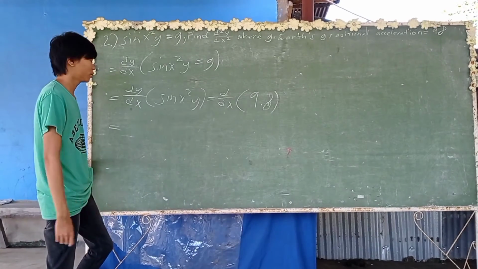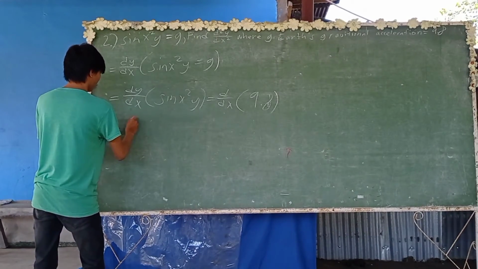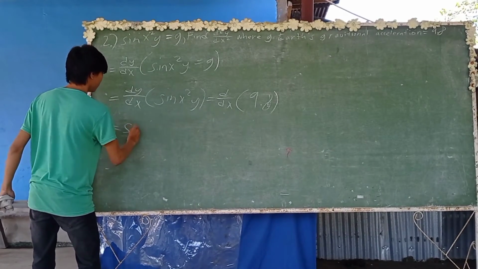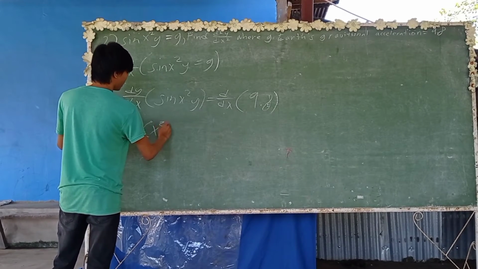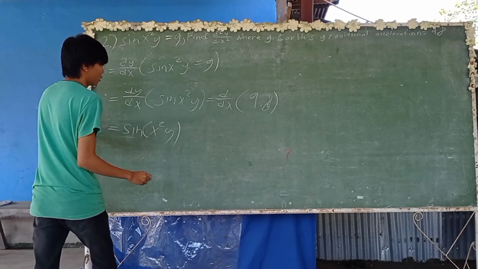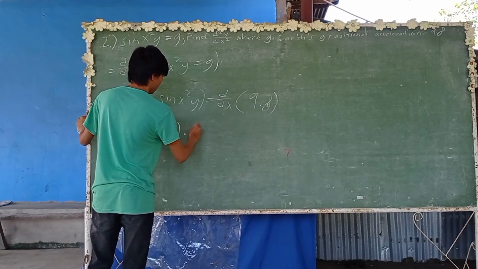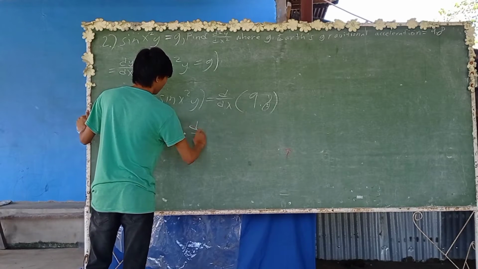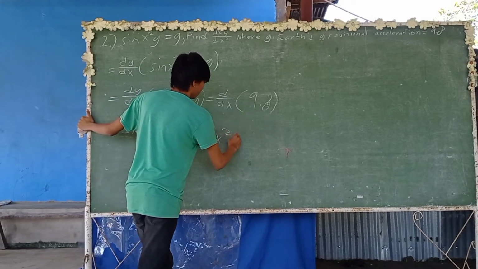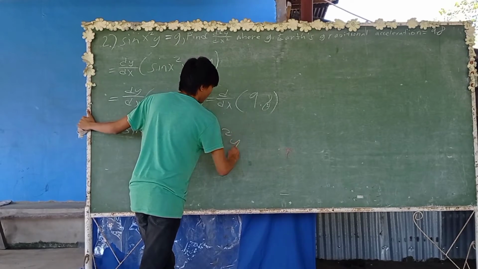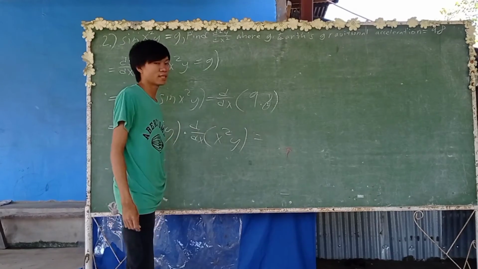We use the chain rule. So sine of x squared y times d over dx of x squared y, then the derivative of 9.8 is 0.